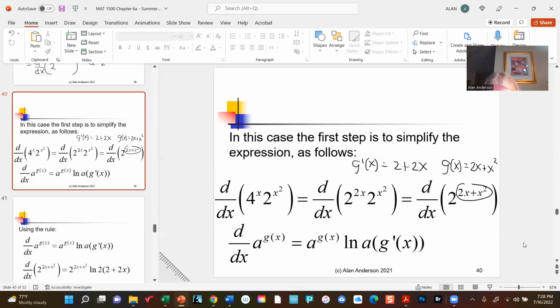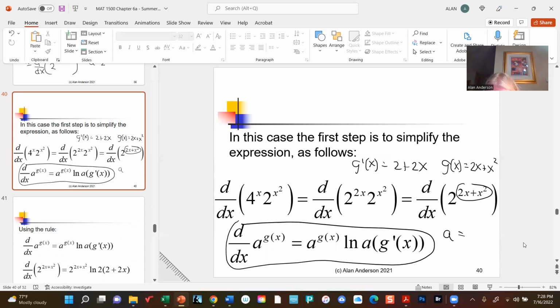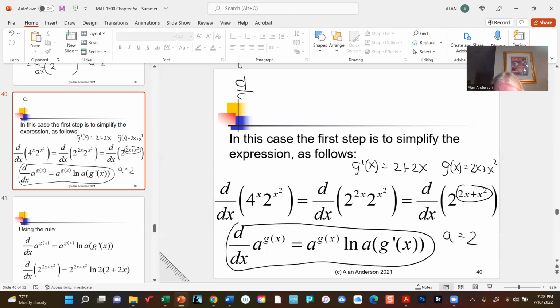So given this rule, and we can see for ourselves that a is 2, that implies that this derivative must be 2 to this power, times log 2, times the derivative of g of x, g prime of x.